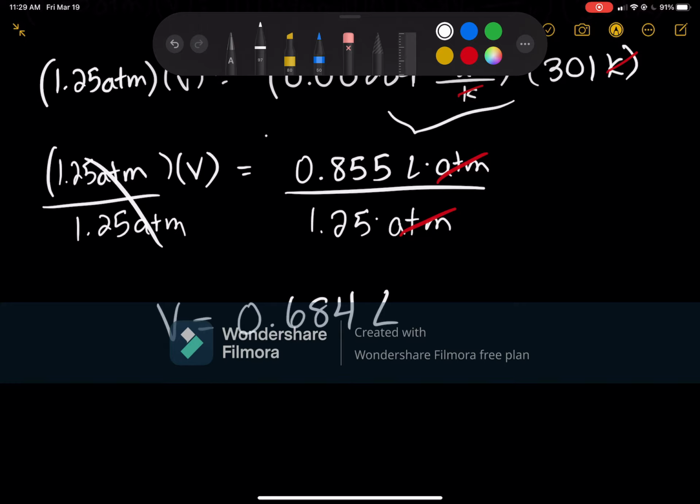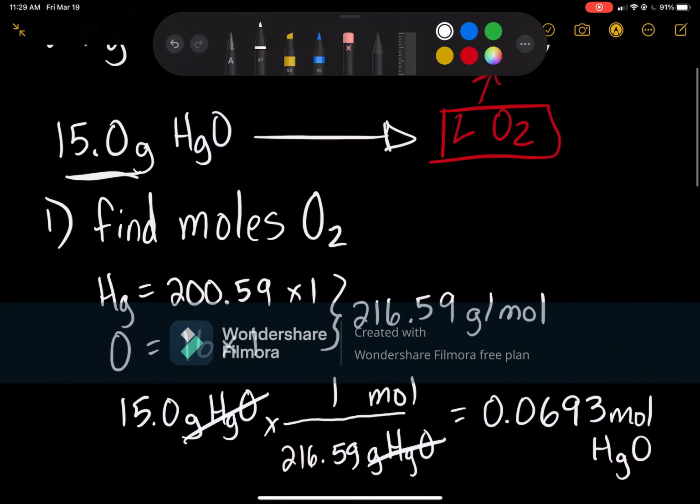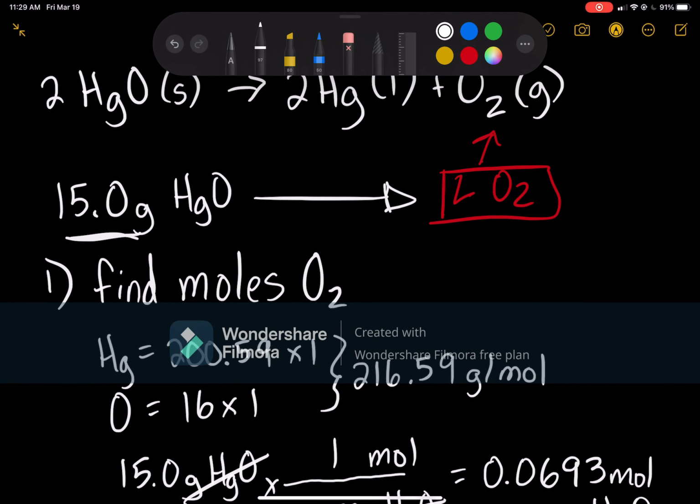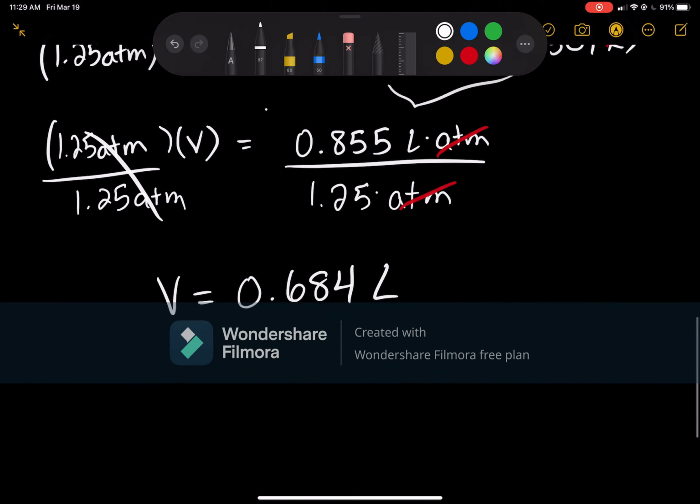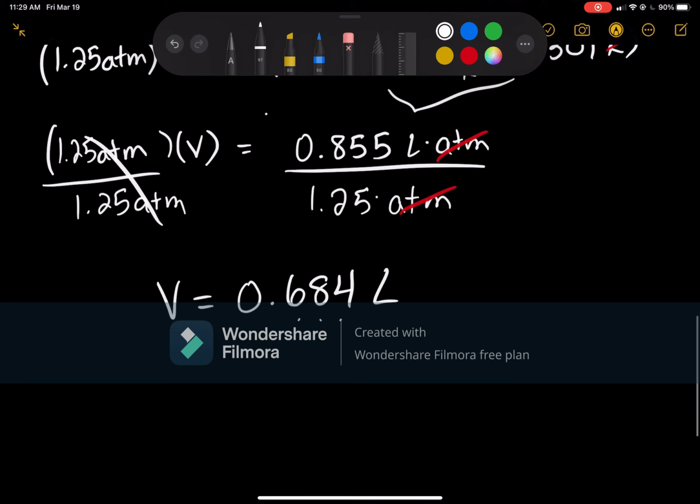This isn't incredibly small. And going back and checking with our sig figs, we were given 1, 2, 3 in 15.0 grams, so we can leave it with 1, 2, 3 here, and this is our final answer.